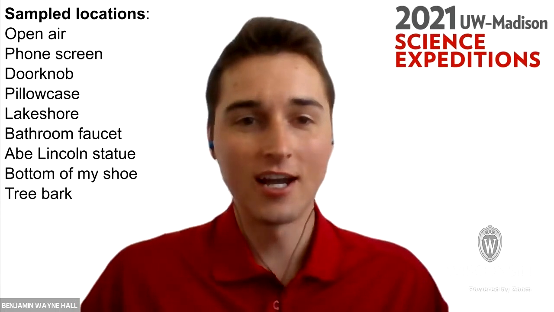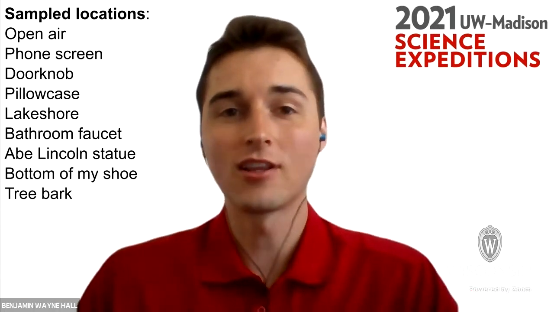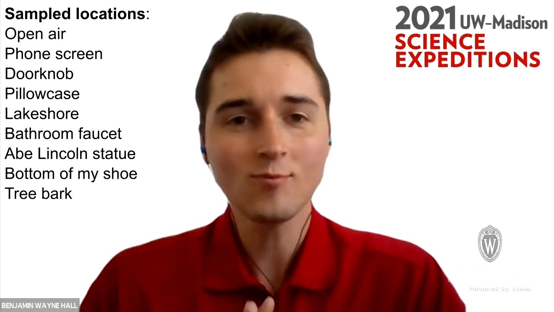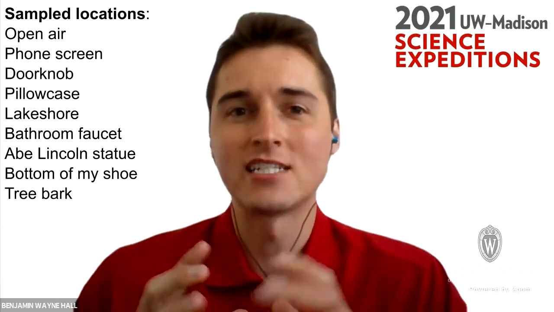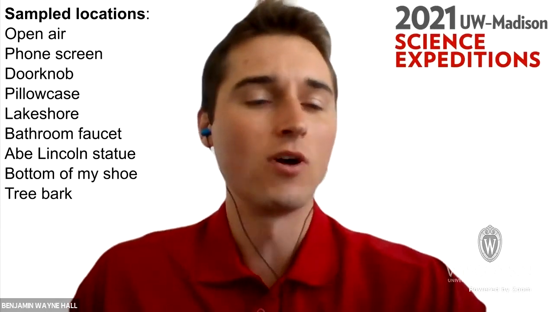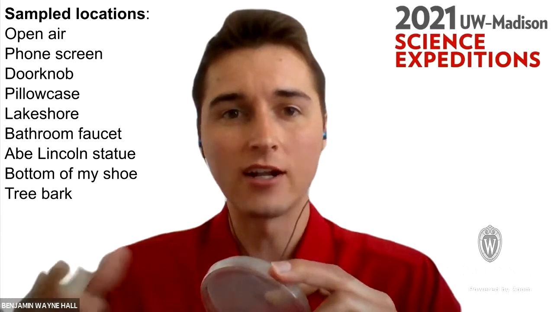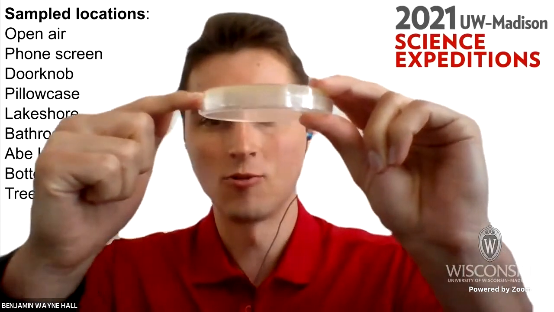After I was done getting all of the samples, I came back to the lab and put all of these plates in an incubator. An incubator is just a nice warm place that bacteria really like to grow in. Once the bacteria end up on these plates and I put them in the incubator, they're going to start chewing away at the food the plate is made of, called agar.